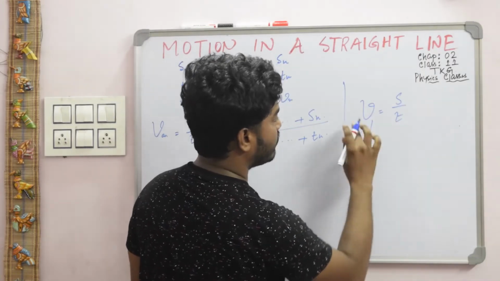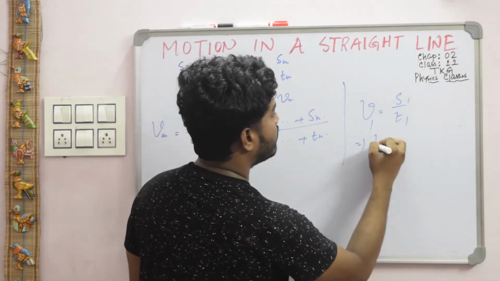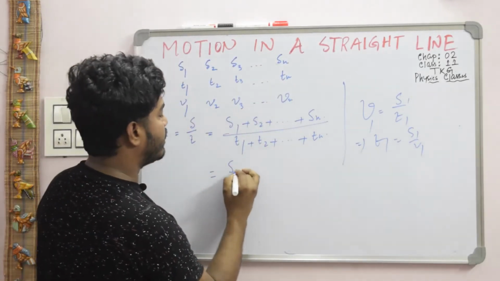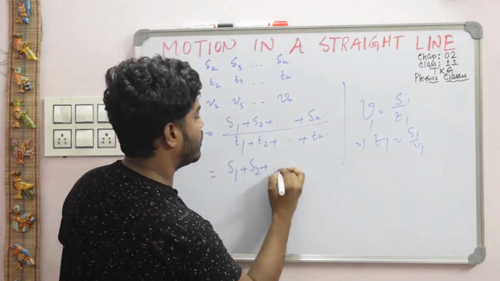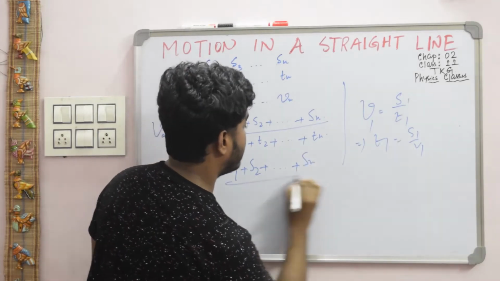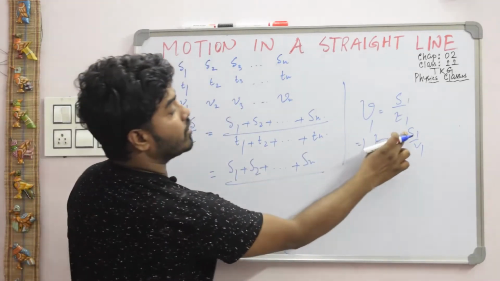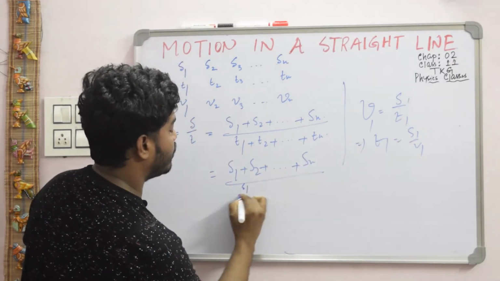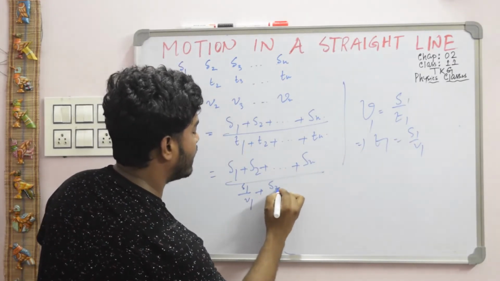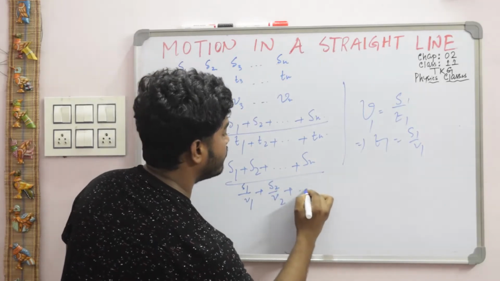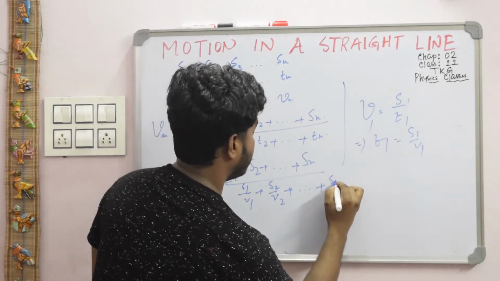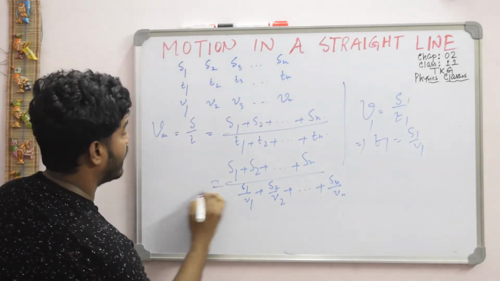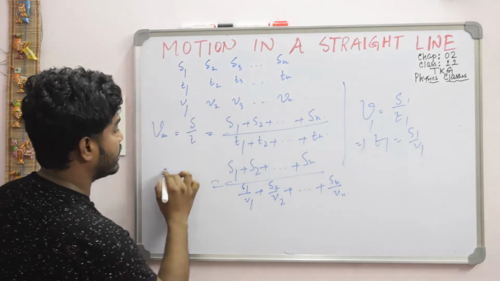For the first case we can say v1 is equal to s1 by t1. So what will be the value of t1? That is s1 by v1. Now putting this value here, s1 plus s2 plus up to sn divided by, in the place of t1 we can write s1 by v1. For t2 similarly we can say s2 by v2, and finally for tn we can say sn by vn. So this is the general form for calculating average speed.